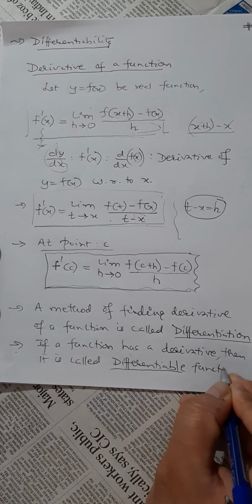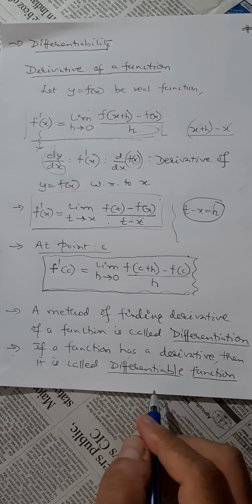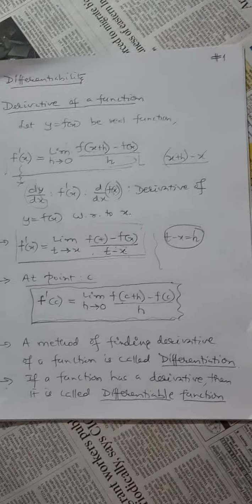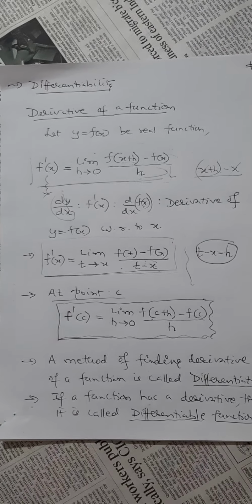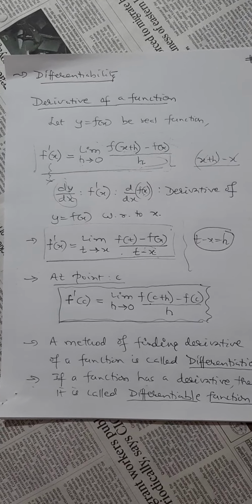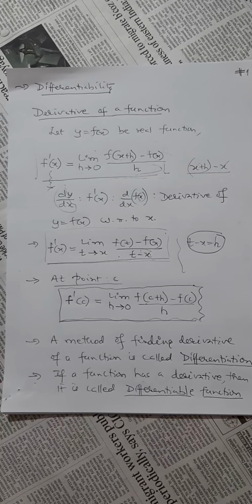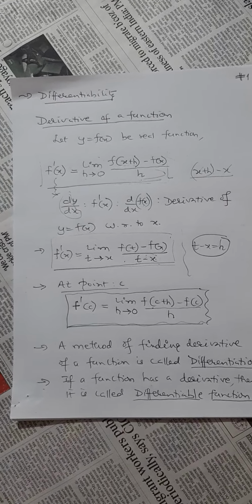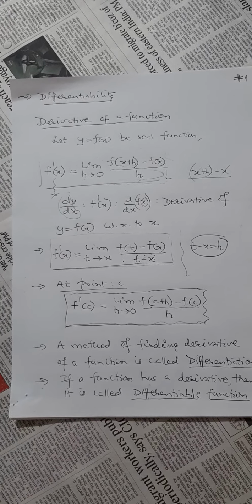For example, x square has a derivative, that is 2x. So x square is a differentiable function. You know tan x has a derivative which is sec square x. So tan x is a differentiable function. If a function has a derivative, then it is called a differentiable function.